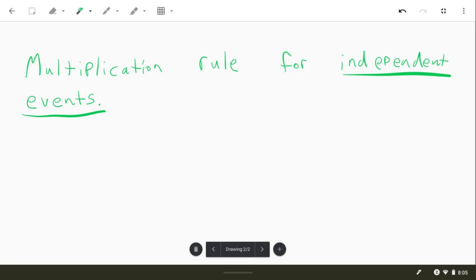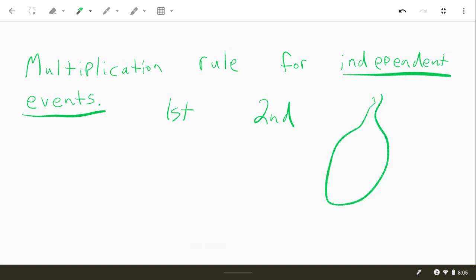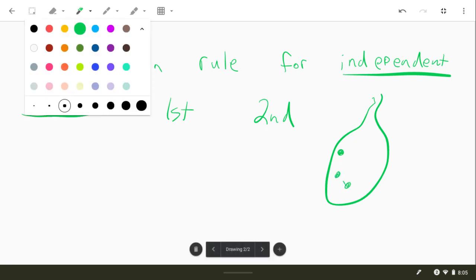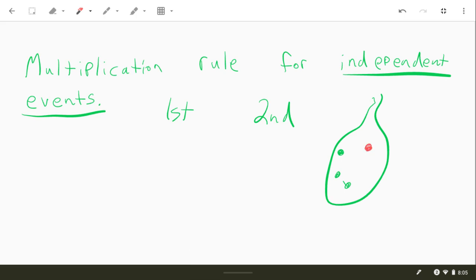Like when you flip the coin that first time, it has no actual impact on when you flip it the second time. All right. But an example of a dependent event would be something like, let's say there's a bag of marbles here, some are green and then some are red, right?